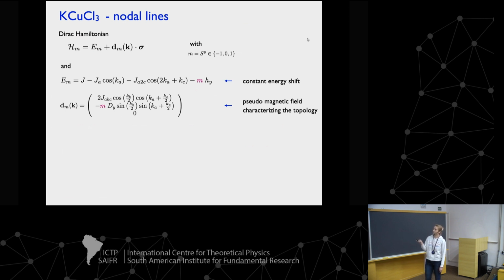Of course, the Dzyaloshinskii-Moriya interaction will couple to this M parameter, which is just the Y component of the triplet. So it's 0 for the S_Y = 0, where we don't have Dzyaloshinskii-Moriya whatsoever, and for the plus and minus 1, this is plus and minus 1. Right. So we have a zero Z component, and that immediately suggests that there will be some degeneracies in the system.